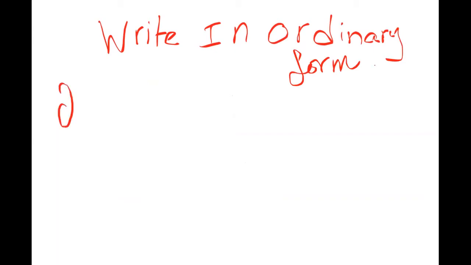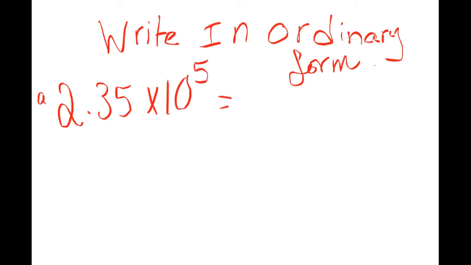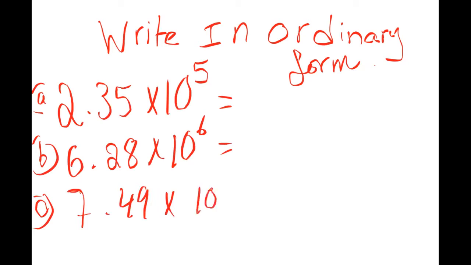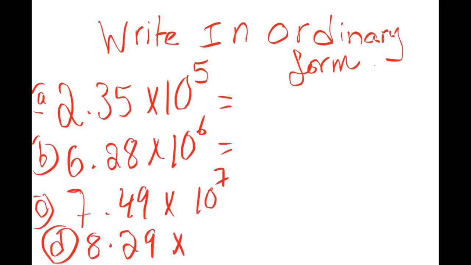If my number is A, 2.35 multiplied by 10 power of 5, B, 6.28 multiplied by 10 power of 6, C, 7.49 multiplied by 10 power of 7, and D is 8.29 multiplied by 10 power of 6. So I want to solve the first one, and I want to write my number in ordinary form.